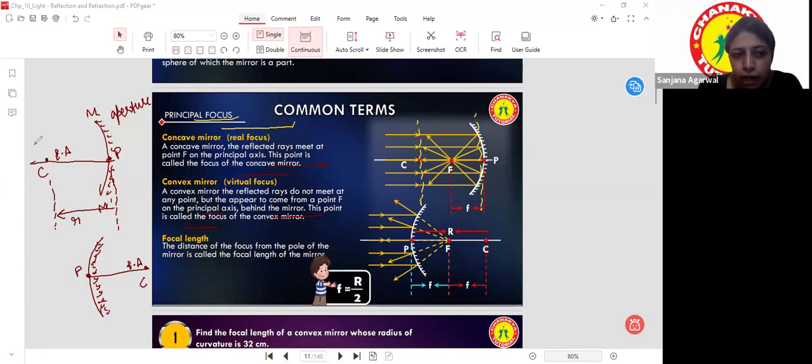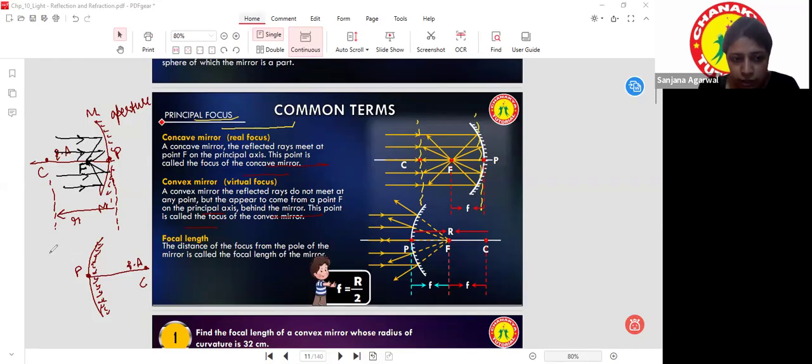So if we allow a parallel beam of light here in case of concave mirror, they will converge at a single point, and that point will be on the same side of reflecting surface. So this point will be known as the principal focus because all the parallel rays getting converged, getting focused at a single point. That's why this is known as principal focus.